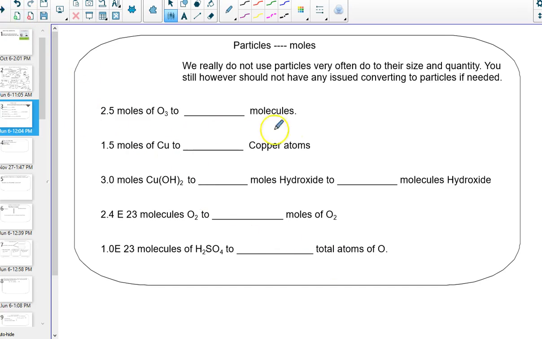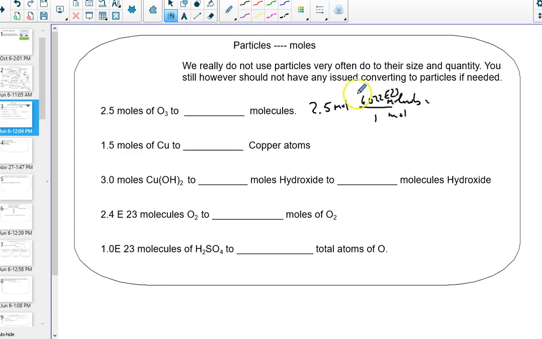All right, let's convert these over, and you can check your math here as we move along. 2.5 moles of O3. I might just show work and let you get the numbers on your own. 2.5 moles. Get rid of moles, and it's really important to show this work. Go to molecules. 1 mole is 6.022 E to the 23rd.